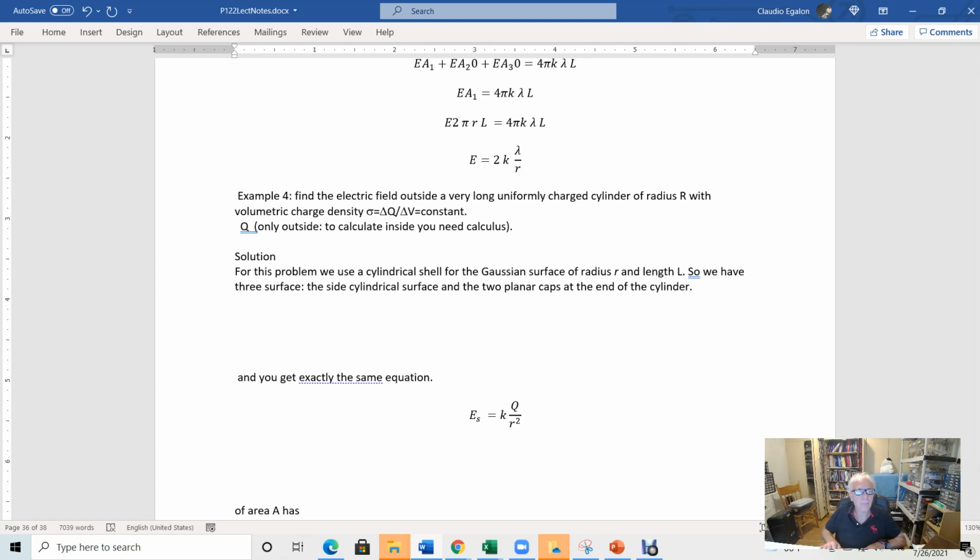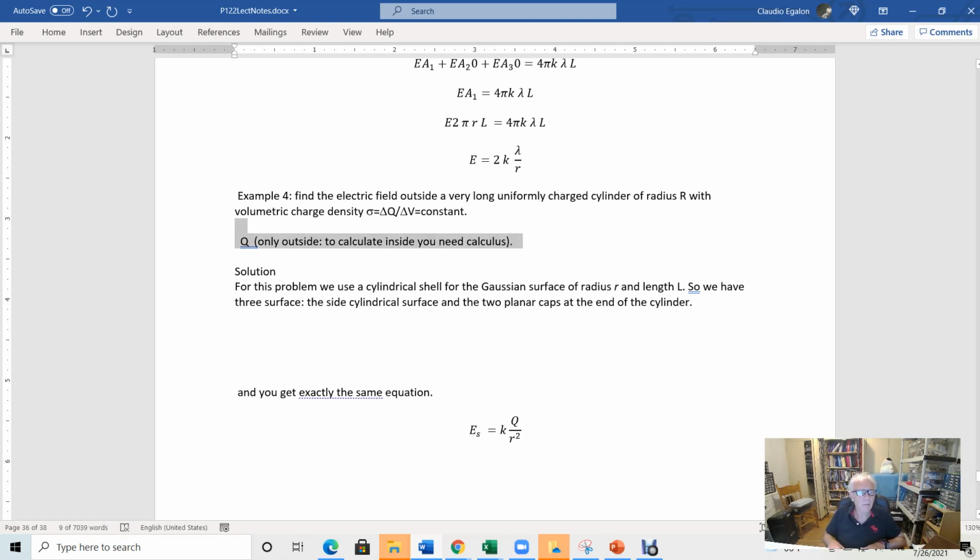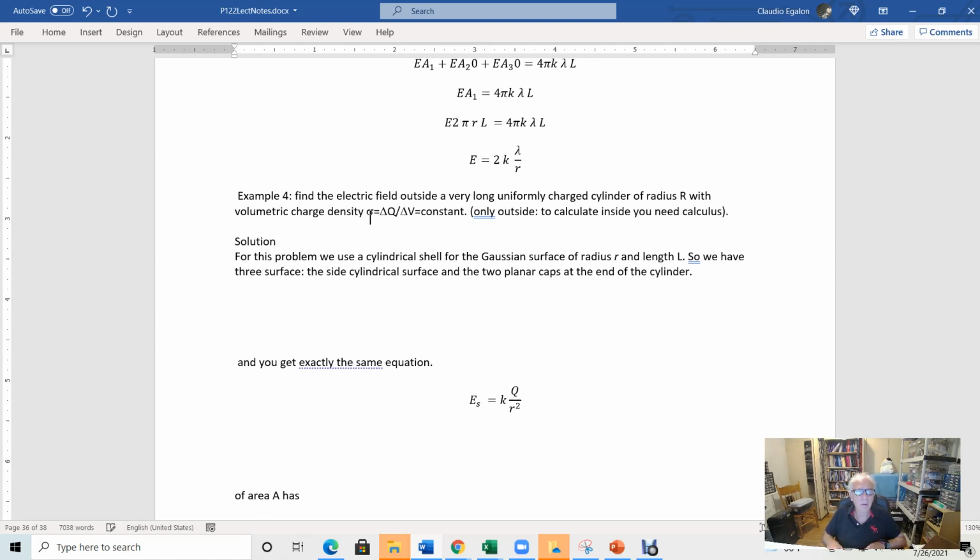Outside, only outside, since to calculate inside you need calculus.